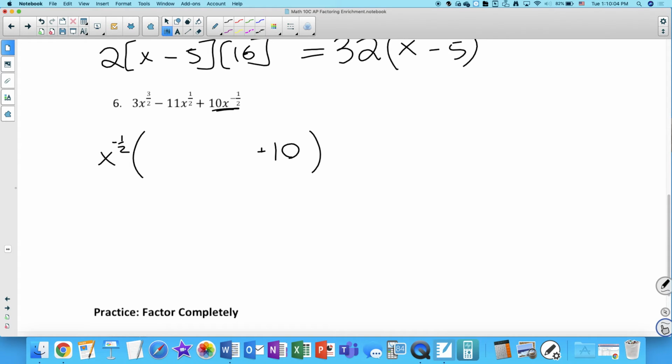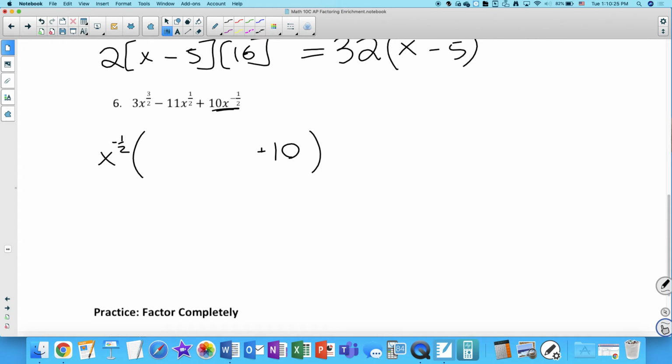Now, to figure out what's left here, you have to remember that firstly, there's going to be a 3, because I'm looking at the first term. And I need the exponent to be something where if I add negative 1/2 plus that exponent, I get 3/2.